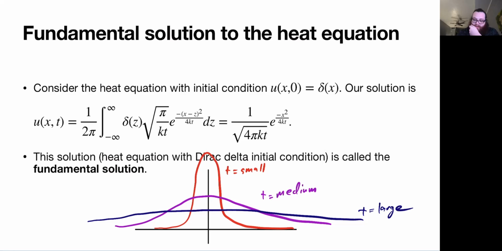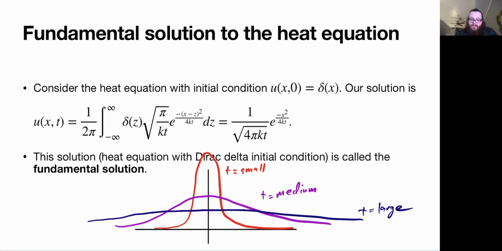Taking initial condition delta is important enough that we call it a fundamental solution. One of the reasons we call it a fundamental solution is that, as we'll see later, if you take the convolution, which is something we'll define shortly, of delta with any other function, you just get back your function.